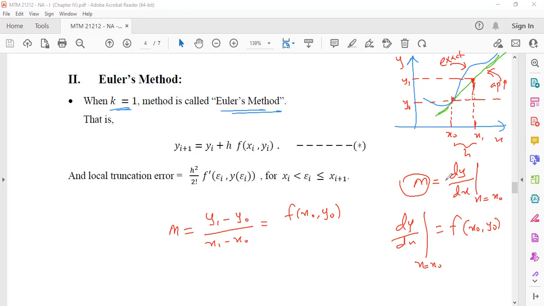Anyone? What is the m? Gradient. Gradient of the line.